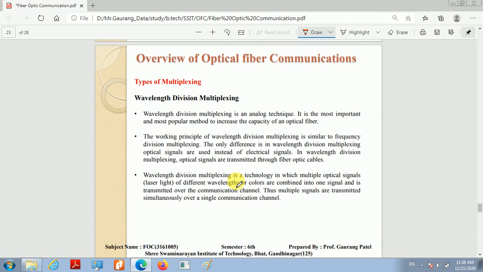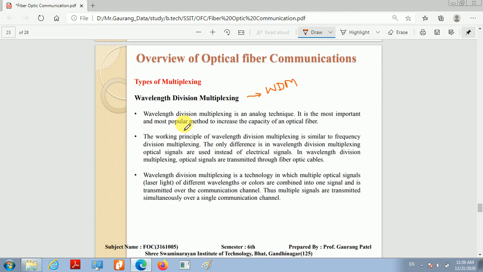Now another type of analog multiplexing technique is wavelength division multiplexing. Wavelength division multiplexing is abbreviated as WDM, and it is an analog multiplexing technique.